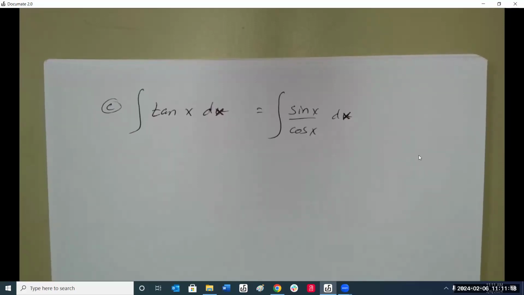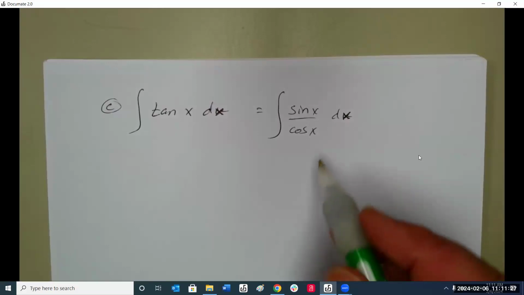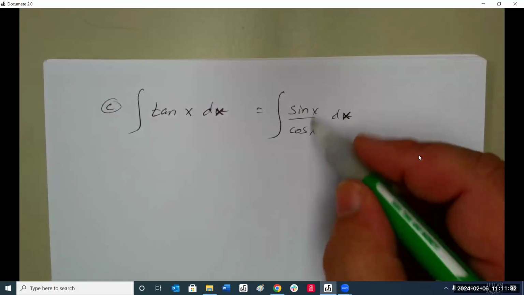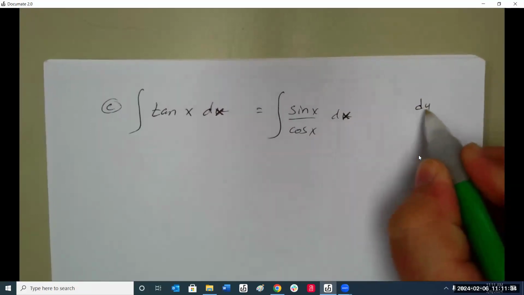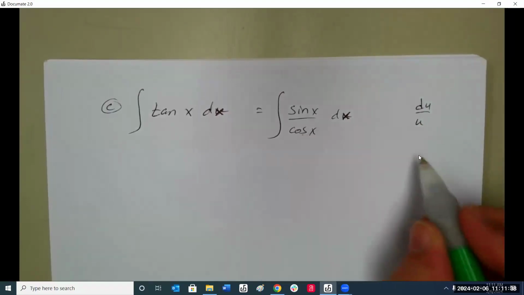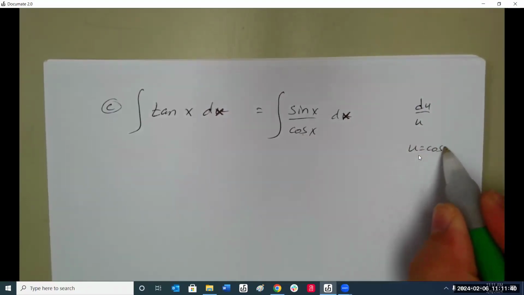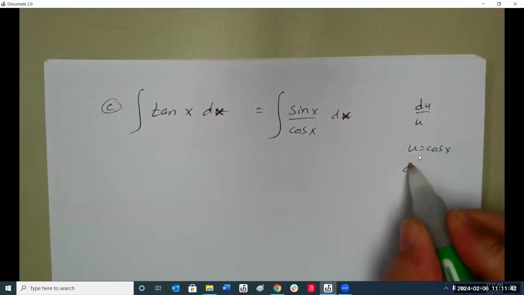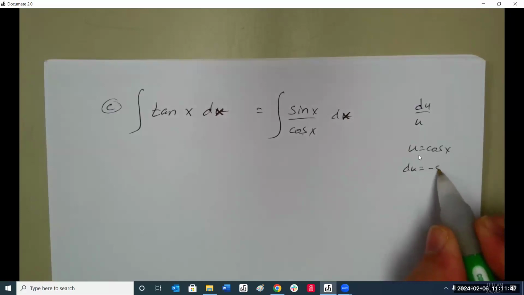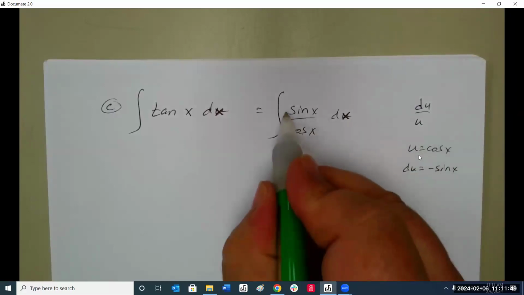Okay, what do we notice about this? The integral of a quotient. Whenever we have rationals, always see if we can have du over u. So if u is cosine, what's du? What's the derivative of cosine? Negative sine of x. So all we're missing is the negative.